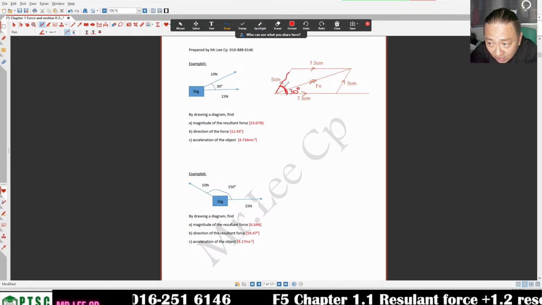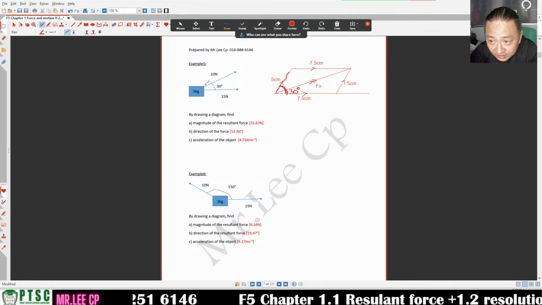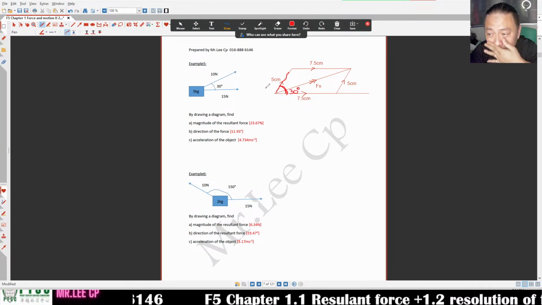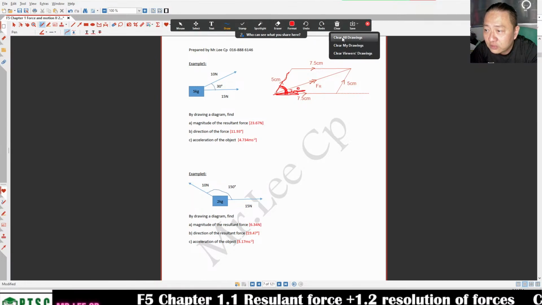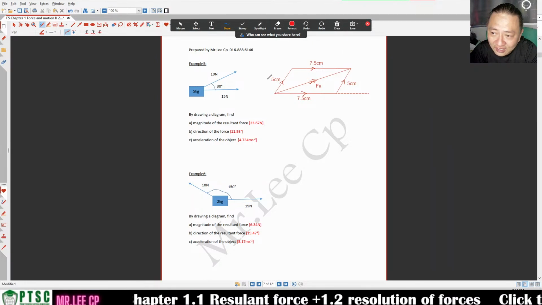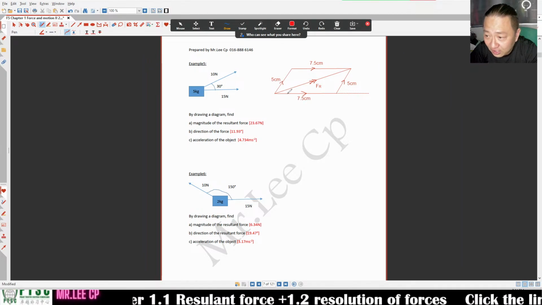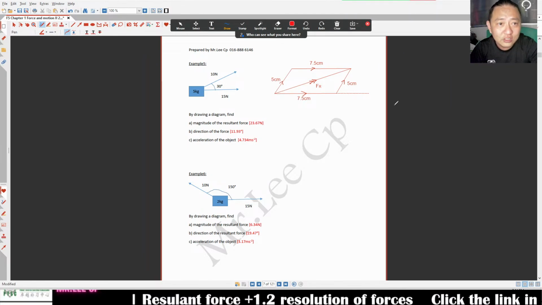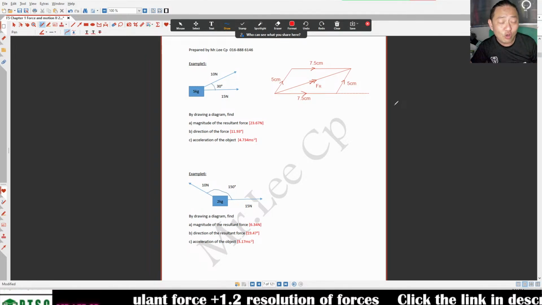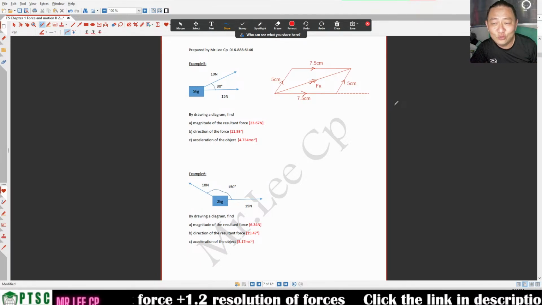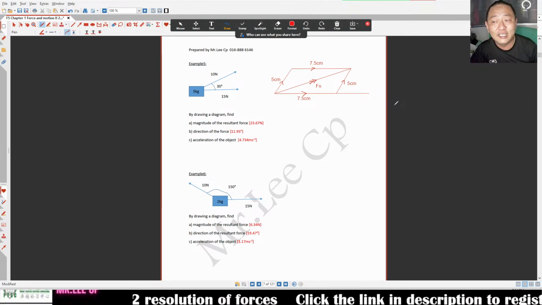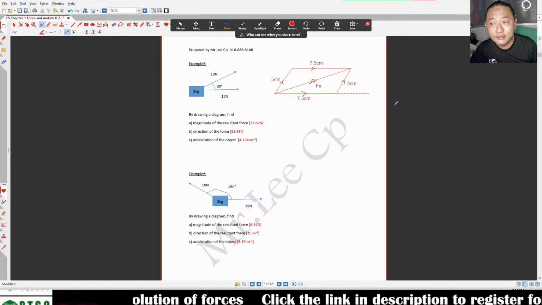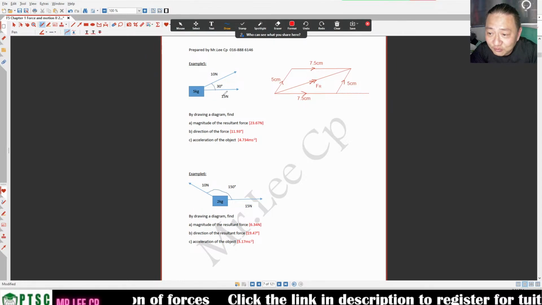Whereas in between, which is 10 Newton and 15 Newton, in between these two. Now, teacher, why do you take it as 5 and 7.5? If you draw with 15 cm, your ruler will not be enough. Too long for your ruler to do it. If you divide it by 3, can or not?